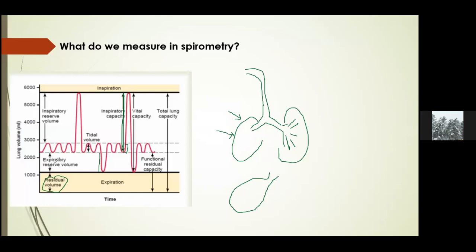If I add that reserve volume to the residual volume, I get another capacity. Remember, a capacity is a sum of more than one volume. In this case, it is called the functional residual capacity. It takes into account the air in the airways and the air in the alveoli, plus the reserve volume. Okay, so that captures the functional residual capacity.